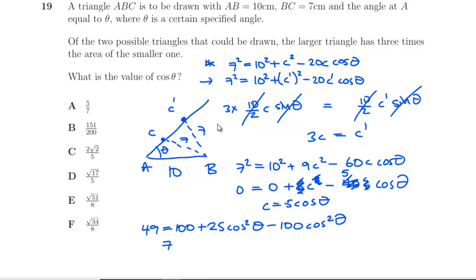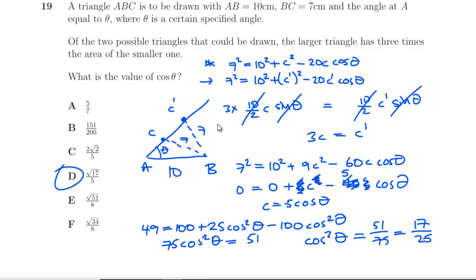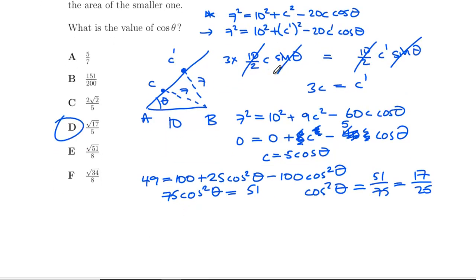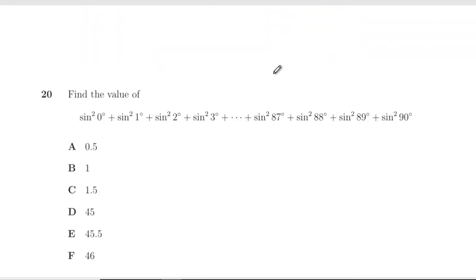That leaves me with 75 cos squared theta equals 51. Cos squared theta equals 51 over 75, which is 17 over 25. So cos theta is root 17 over 5. D. Right, that was a lovely question. Really was. A lot of work, but it was a lovely question.